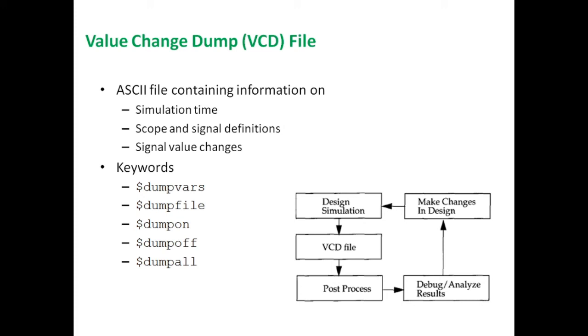For example, if I want the information to be dumped into a file during the simulation, I will use the syntax $dumpfile. The purpose of $dumpfile is that the simulation information, like at what time the simulation started, the scope of my module, the signal definitions, and at what time the signals are varying, is all dumped into a dump file, that is the .vcd file.